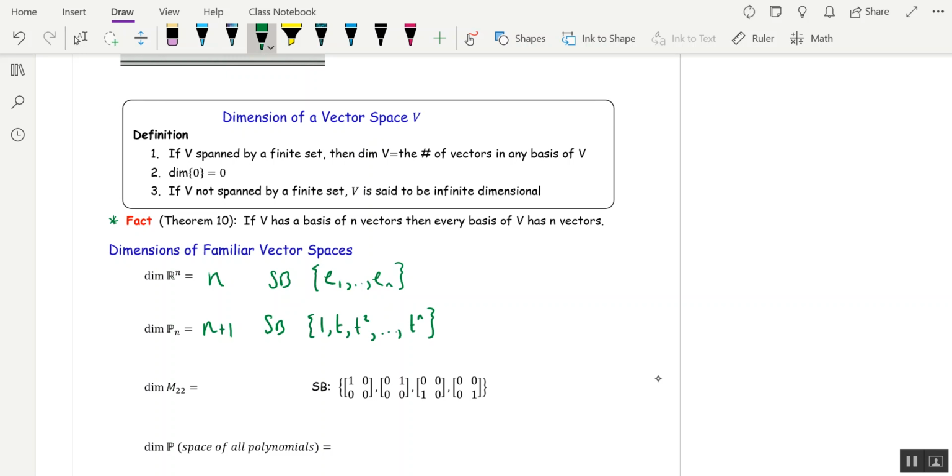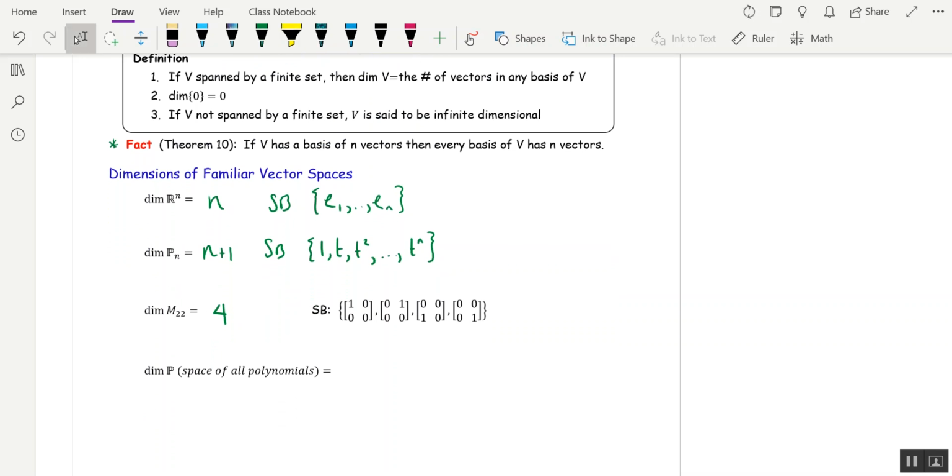The space of 2 by 2 matrices has dimension 4, and I've got the standard basis listed there over to the side. And the dimension of P, the space of all polynomials of any degree, is infinity, because P is not spanned by a finite set.